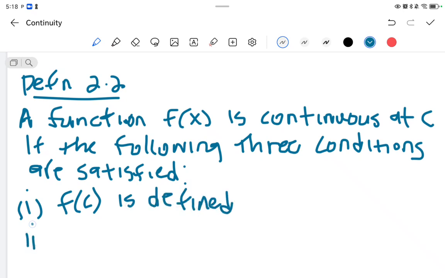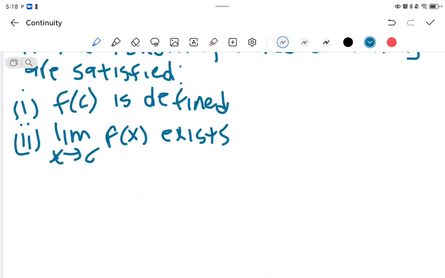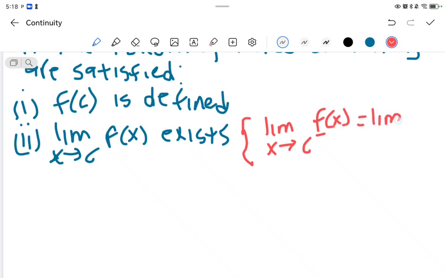Secondly, we should check if the limit as x approaches c of f of x exists. In other words, when we check that this limit exists, we must check that the limit from the left hand side of f of x is equal to the limit from the right hand side of f of x.